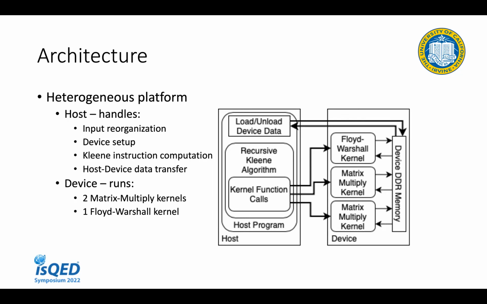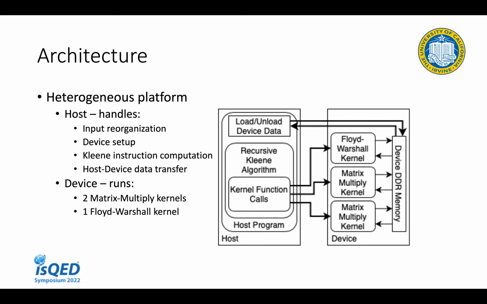And in addition, it needs to perform all of the Kleene computation to generate the instructions for each of the kernels on the device. The device itself hosts 3 kernels, which take turns in accessing the device's memory to load blocks of the adjacency matrix onto each kernel, update the data on it, and then store it back onto the device memory.